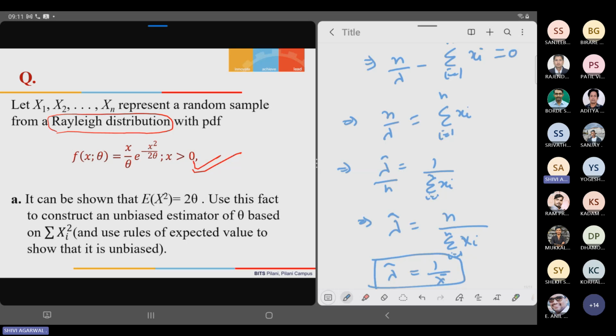Why can lambda be written as NP? NP is in the binomial distribution. Here we are talking about the Poisson distribution. Here we are talking about lambda coming in the exponential distribution. So we can't write it as NP. That is a different concept which we have done earlier. That lambda is considered equal to NP when we approximate the probabilities by using the Poisson distribution.